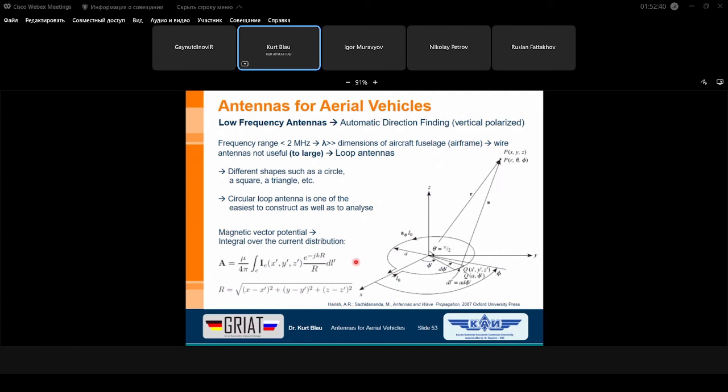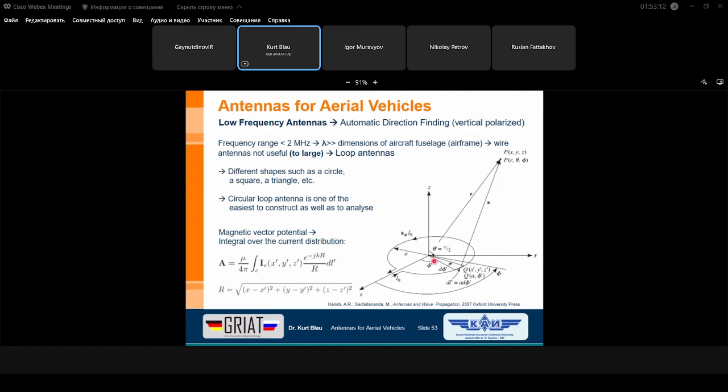The rules are in principle the same, and here we are looking for a current element. The current at the origin here is I0. It's also assumed in our case, because the loop is very small against the wavelength, that the current distribution around this loop is constant. This is like in the case of the Hertz dipole.